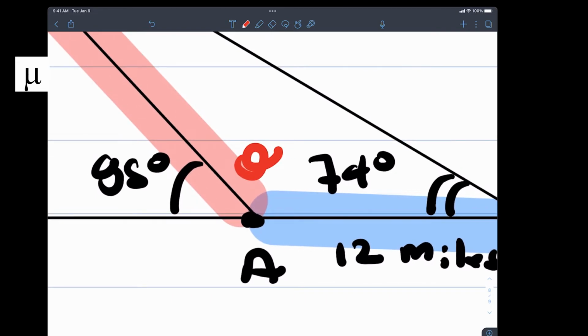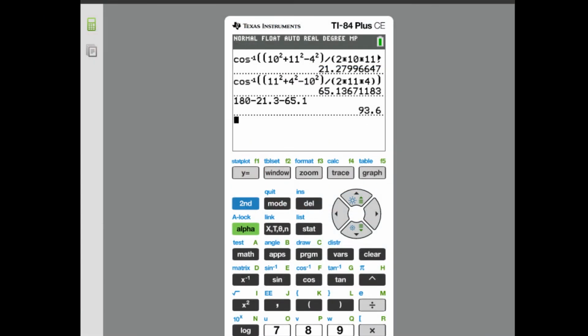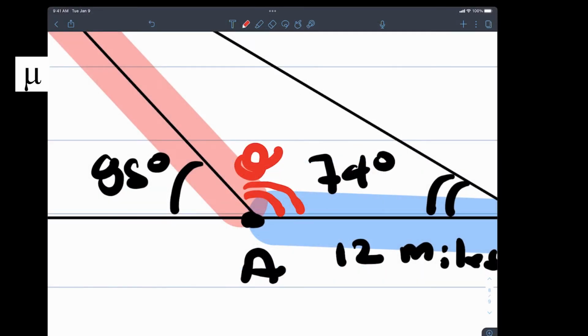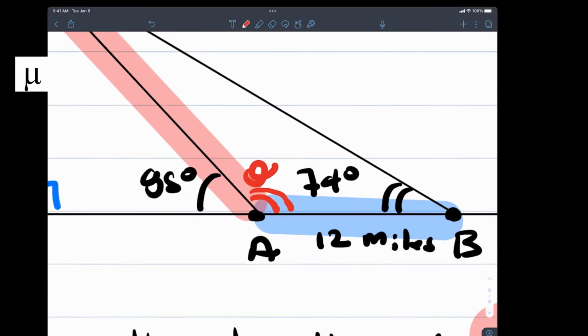I make the claim you know what that angle is. What's this angle? Isn't it going to be 180 minus 85 degrees? How do we know it's 180 minus 85 degrees? How do we know that this is going to be 95 degrees?